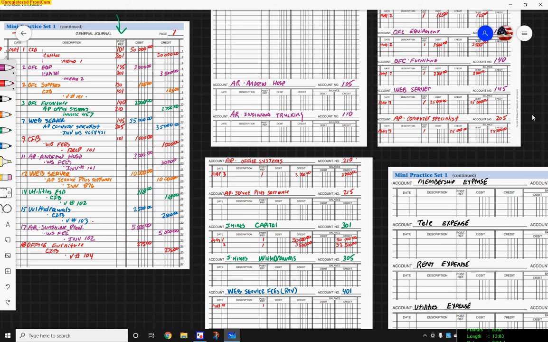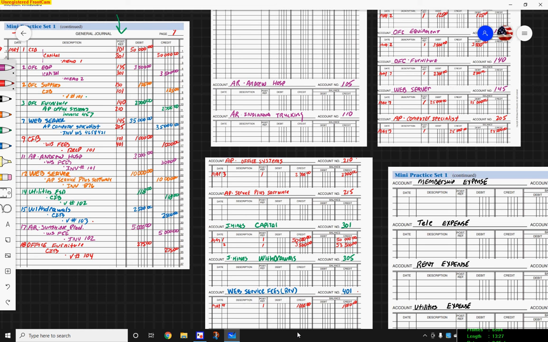Came from journal page number 1. It was $1,000 worth of revenue. Revenue increases by virtue of a credit. So there's the credit side of it, right? And no previous balance to speak of, so we have $1,000. Account number was 401. We're going to go back over here and put 401 in the post reference column in the general journal.